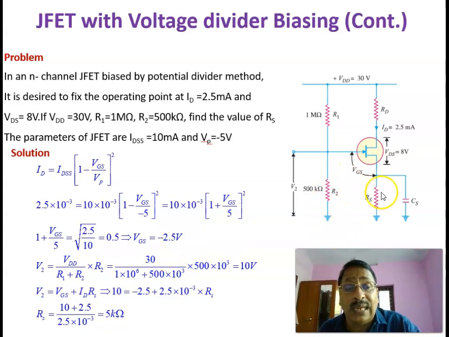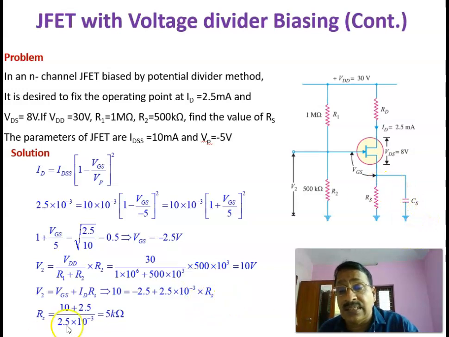Then you have to calculate the voltage drop across RS by applying Kirchhoff's voltage law to this loop. Applying that, V1 equals VGS plus ID into RS. The voltage at this point equals VGS plus the drop across RS, which is ID into RS. You can substitute ID equal to 2.5 milliamperes, and the only unknown is the resistance RS.